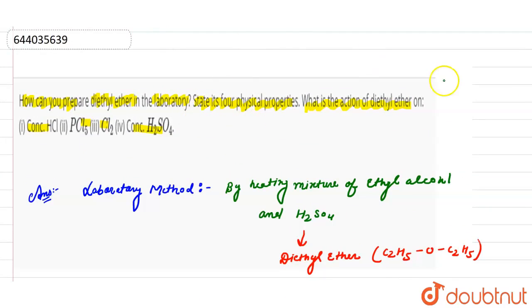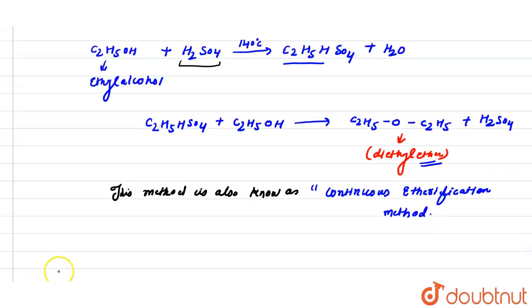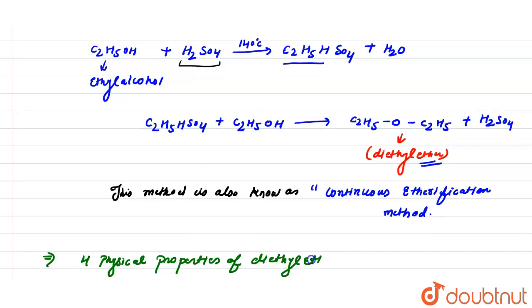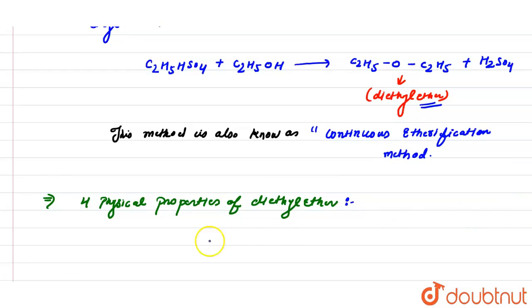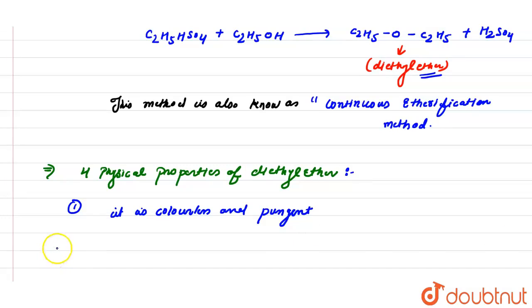Let's see the 4 physical properties of diethyl ether. First, it is colorless and pungent.